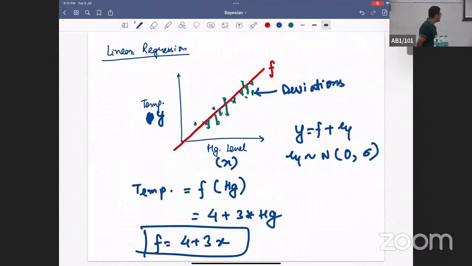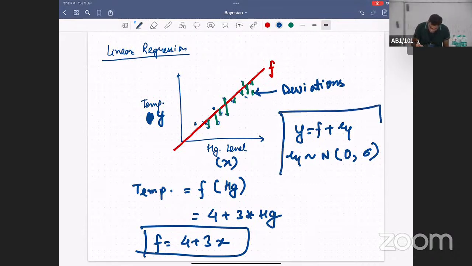I'll repeat the question. Why don't we write y equal to f plus epsilon, and epsilon is normally distributed with mean 5 and scale sigma? We generally don't write it that way because then we could have incorporated that 5 into the f itself, right? Into the function itself. But for now, for simplicity, let's assume epsilon is normally distributed with mean 0 and scale sigma, right?